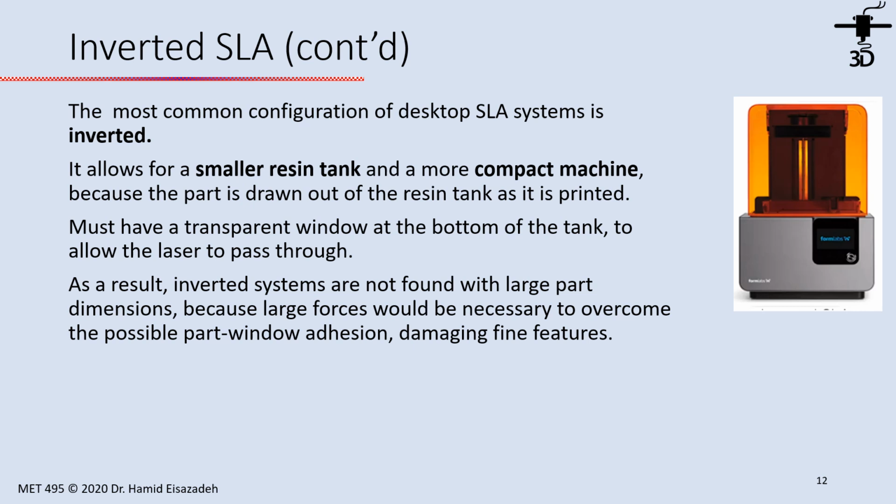So the adhesion between the build platform and the part has to be strong enough to overcome the weight of that part. This can damage the fine features that we may have in the SLA parts.